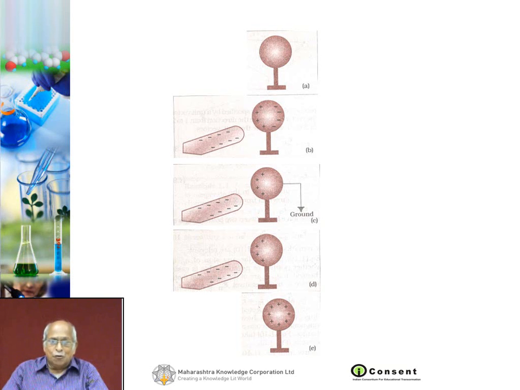So to make a ground connection a wire can be joined between opposite surface of metal sphere and some water pipe, gas pipe, etc., which is well buried in the earth somewhere.